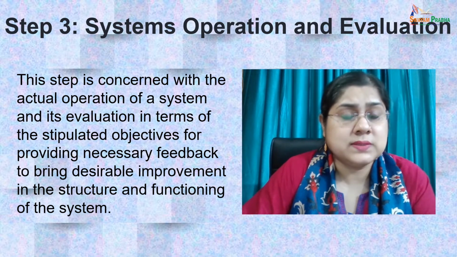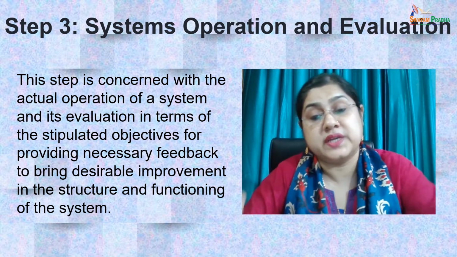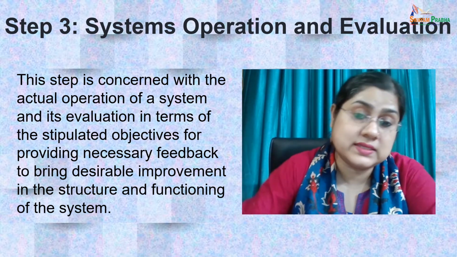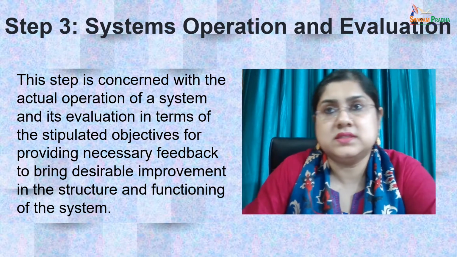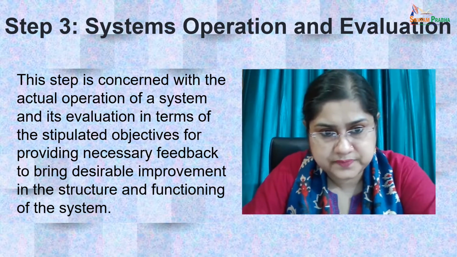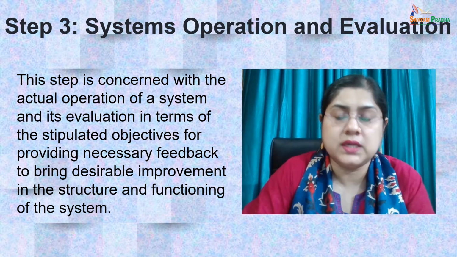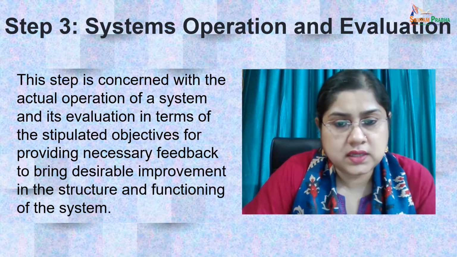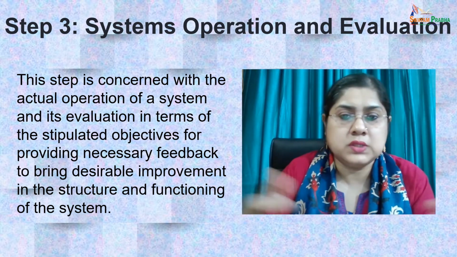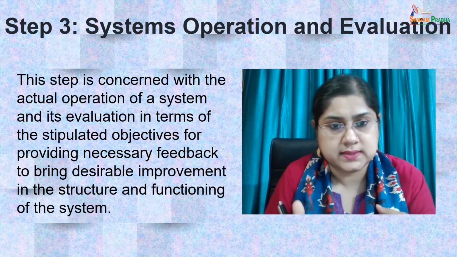Then what next can be done? By making some manipulations in the environmental constraints of the system, it is seen in many cases that we can receive better results, better outputs. So this manipulation in the environmental constraints can also be one of the ways in which we can get rid of all those discrepancies found in the functioning of a system.